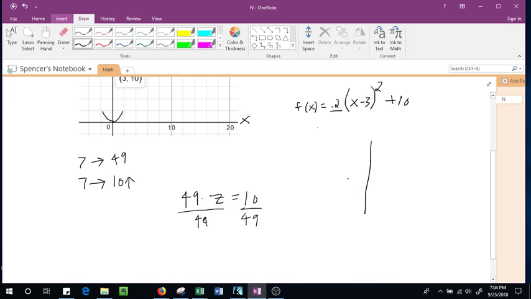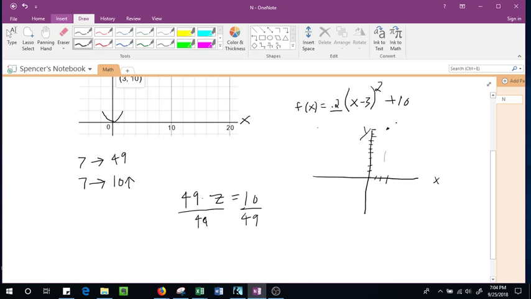So if we have this graph, x and y, we know we need to go 3 to the right. The horizontal shift is with x, therefore it's going to do the opposite of what we think. The y transformations are on the wrong side, so they're going to do what we think. So up 10, 1, 2, 3, 4, 5, 6, 7, 8, 9, 10. That'll be our new starting point.